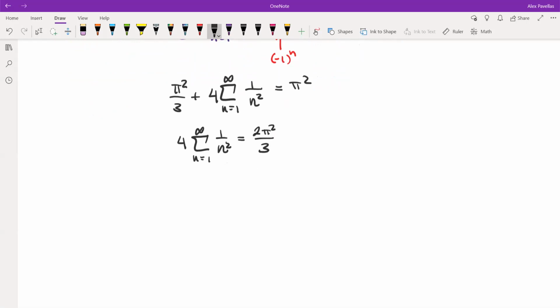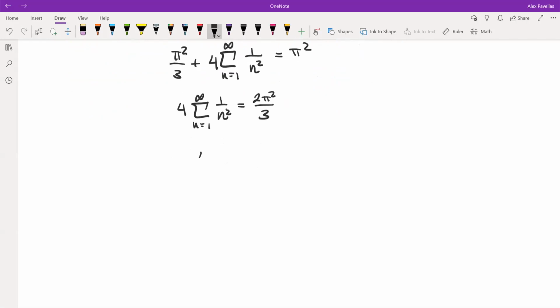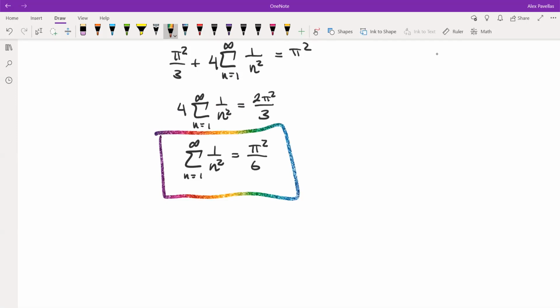Then I divide by 4, and all of a sudden I get the value of this sum: 2 pi squared over 12, so pi squared over 6. Interesting. So we were able to evaluate this sum by having pre-computed the Fourier series for a particular function.